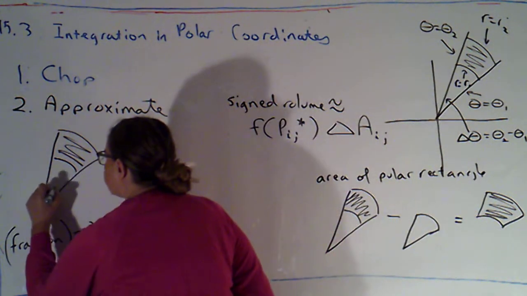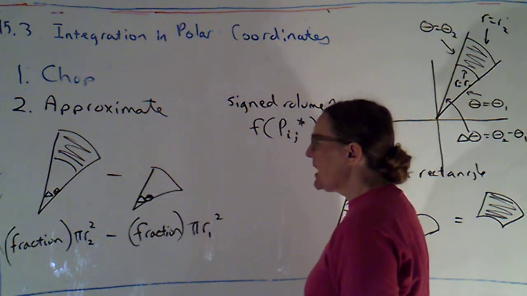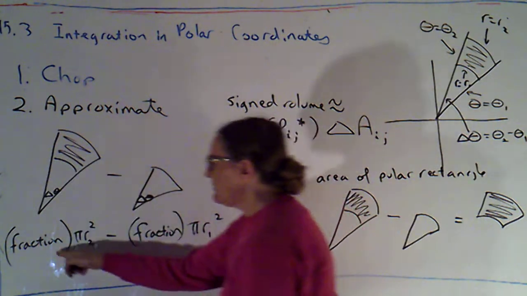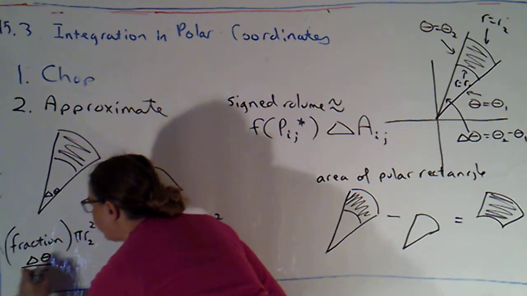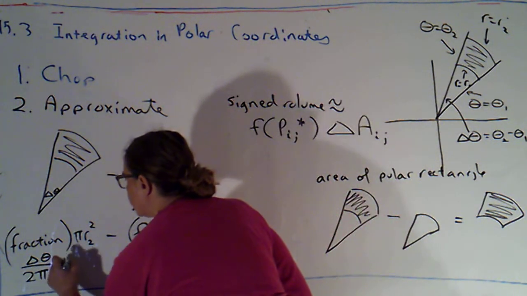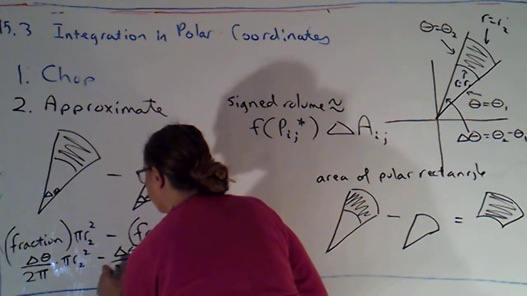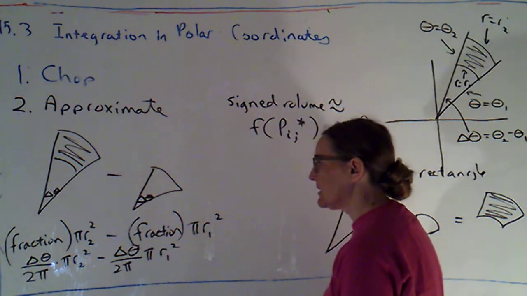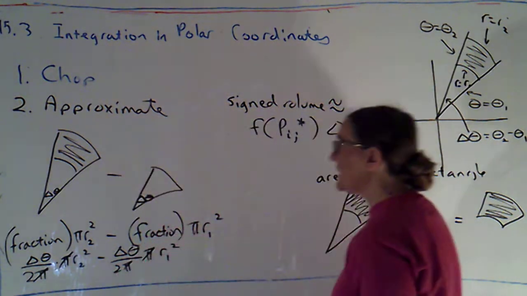Now for both of them, this angle in here is my delta theta. Okay. So that angle is a portion of a revolution. So to figure out the fraction, it's just going to be that angle over 2 pi, which is the angle that would correspond to a full revolution. So delta theta over 2 pi times pi r2 squared minus delta theta over 2 pi times pi r1 squared. Well, this is very exciting. My pi's are going to cancel.